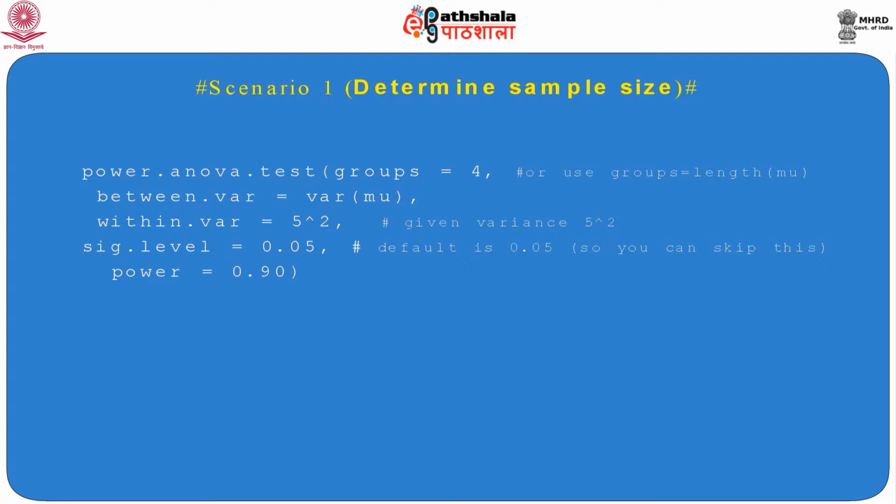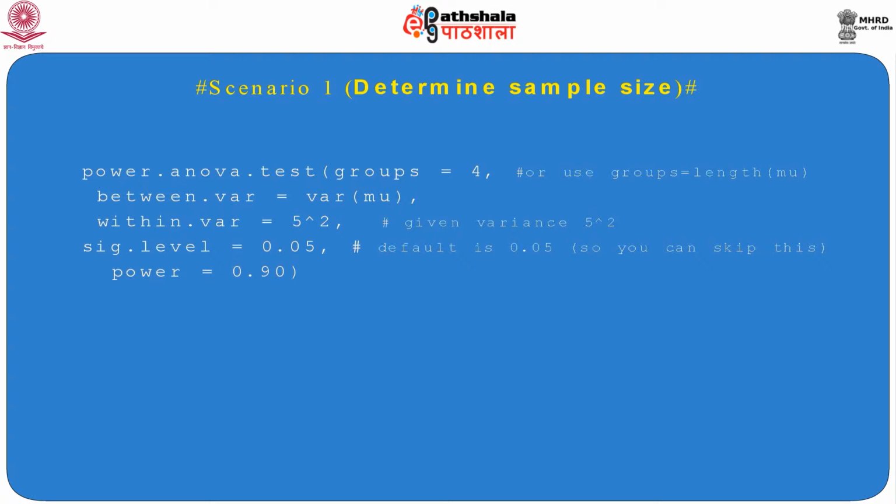Without any R library, we can use this function to calculate the sample size. It is assigned as groups equals 4, that is the number of groups we have here, and between.var is assigned as the variance of mu, var of mu. Within variance is assigned as within.var equals 5 squared, that is 25.